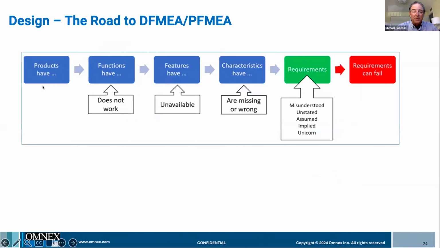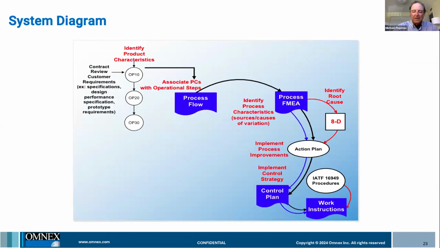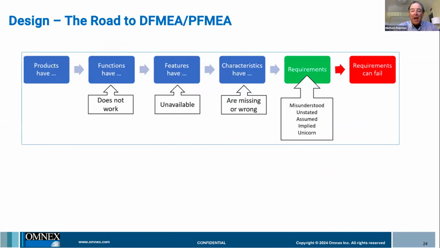Where we like to focus is upstream in the design world, right? We cannot fully realize the benefits if we don't start upstream. Process, yes. Upstream, absolutely. This is where we say you cannot start too early because we have to recognize products have functions.